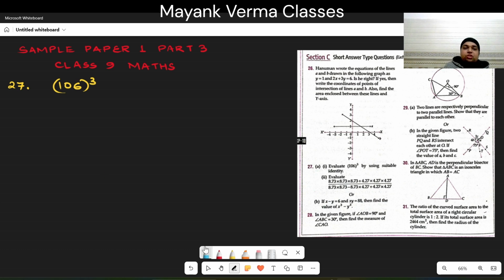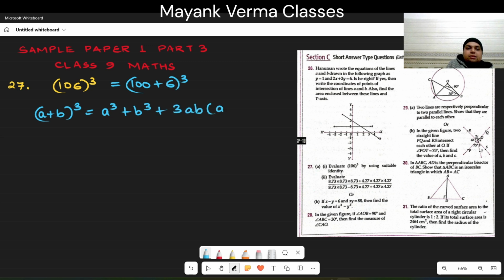Now in this, which identity can we use? We can write it as 100 plus 6 whole cube, and (a plus b) whole cube is equal to a cube plus b cube plus 3ab times (a plus b). In this case, a will be equal to 100 and b will be equal to 6.